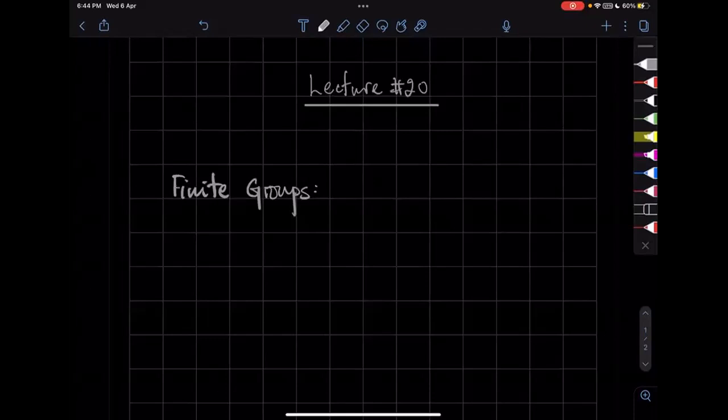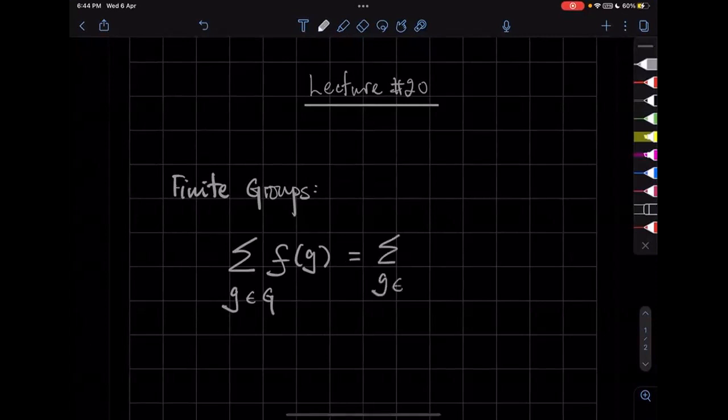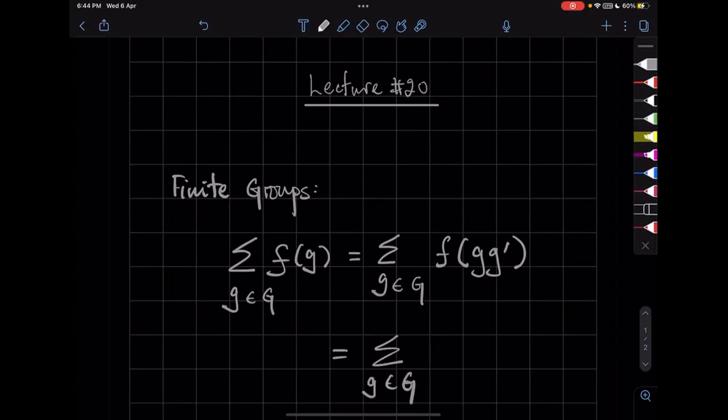If we have a function f of the group element, then the sum over all the group elements is unchanged if we change the argument of the function by right multiplying or left multiplying by a specific group element G prime.